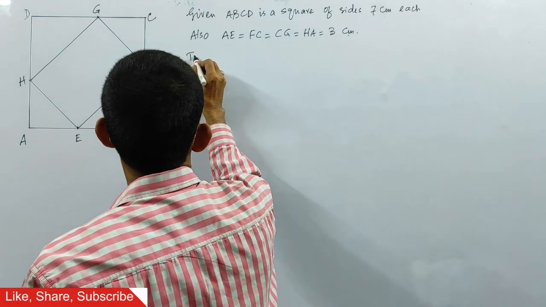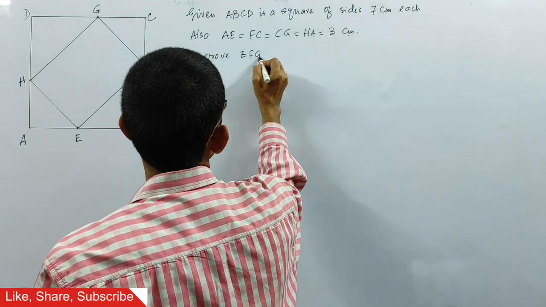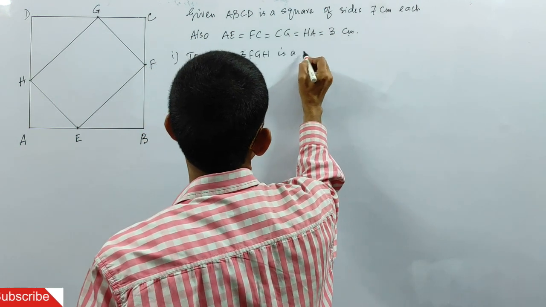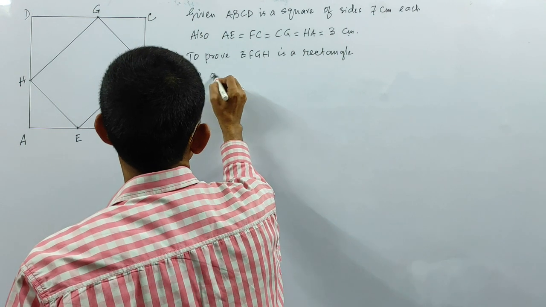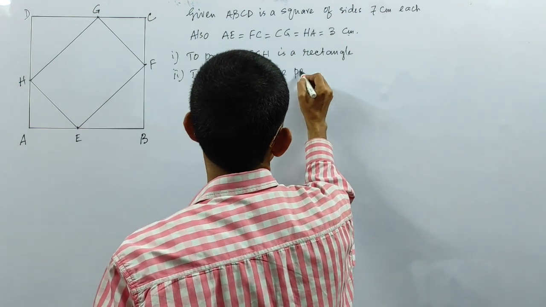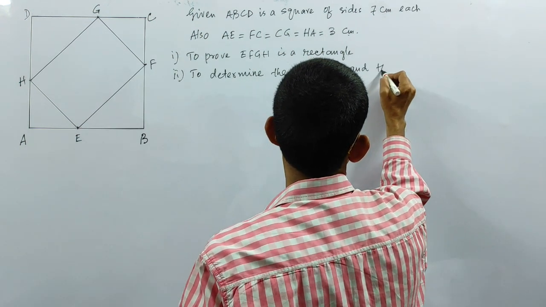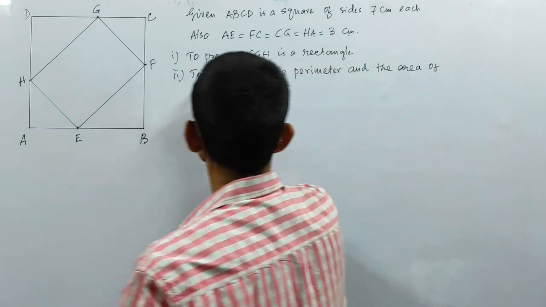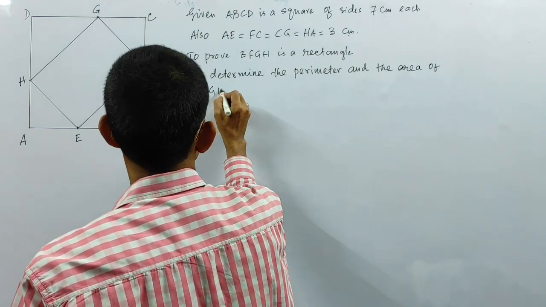To prove: EFGH is a rectangle and to determine the perimeter and the area of EFGH.